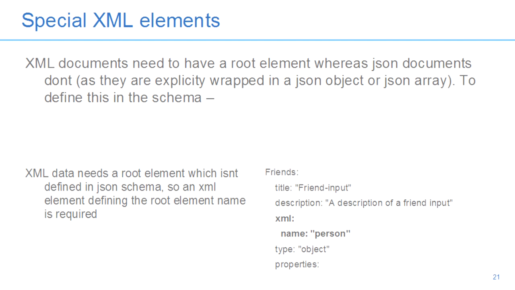So the XML document needs to have a root element, and you define it here. So this is just saying if you're going to use this to validate against an XML document, then we're going to create a root element called person to wrap everything in.